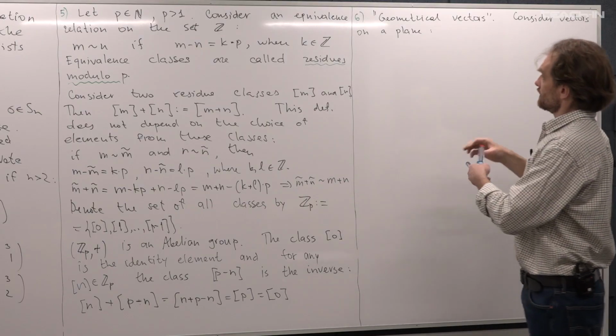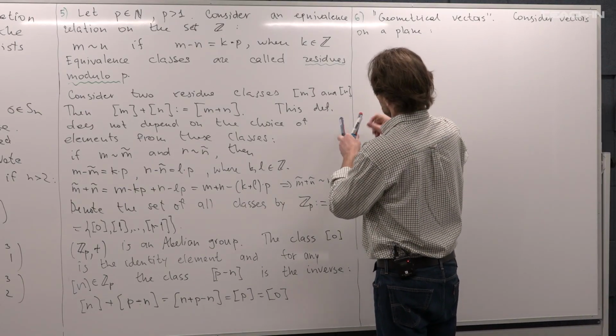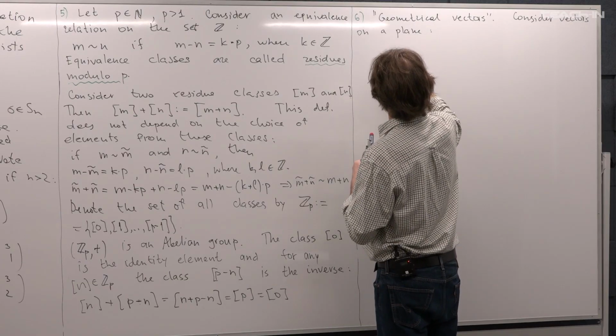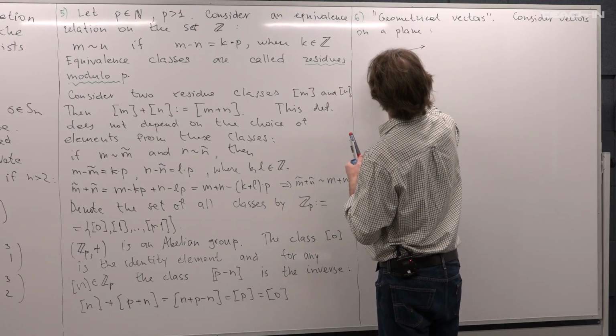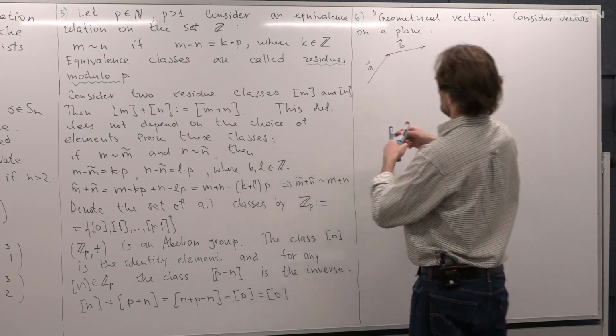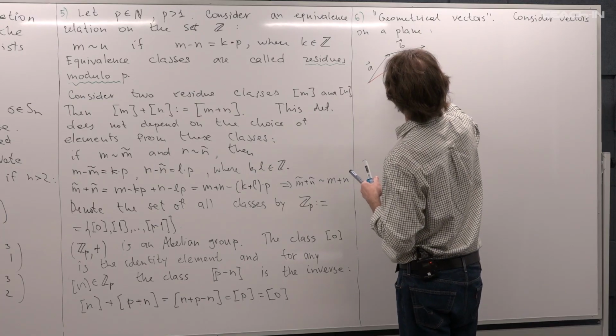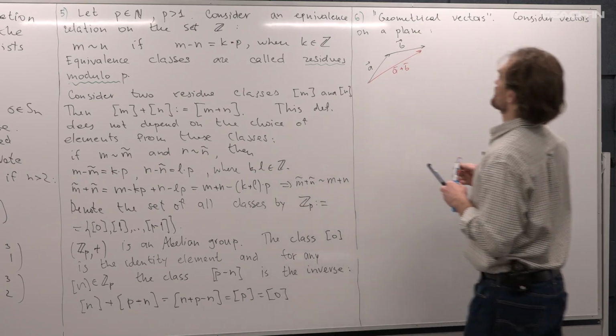So we can add vectors. I will not go into the details just because this is very simple. So this is the sum of the two vectors, right?